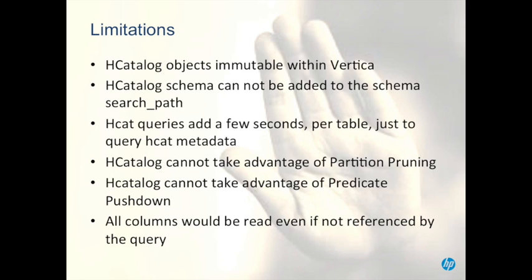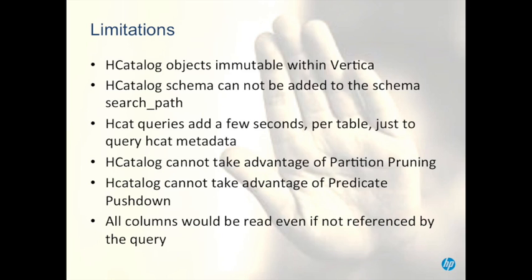So again, you want to have unique column names in your Hive data. And the other thing you want to keep in mind is performance. The HCatalog queries are going to add a few seconds per table because it does have to query the HCatalog metadata. So again, this has to do with some performance.